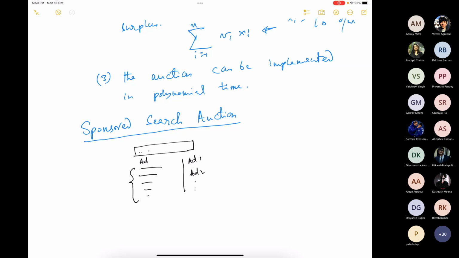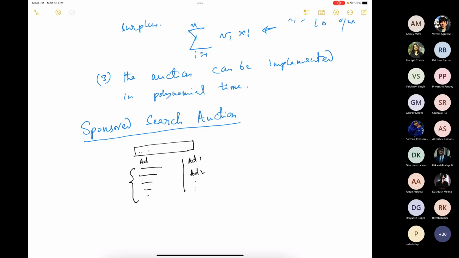Now here, which ads to show for which keyword? It's not like some ads are predefined to be shown in a particular slot irrespective of the keyword. It depends on the keyword, because from the keyword the system can understand what is in the user's mind, and it will show only those kinds of ads.